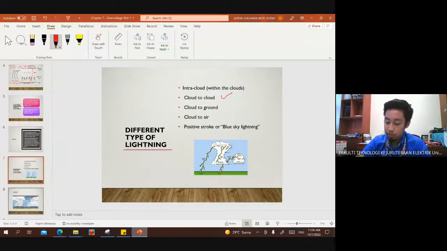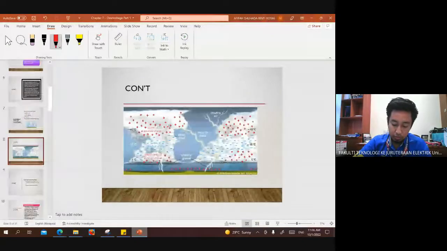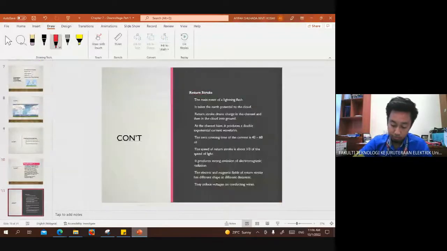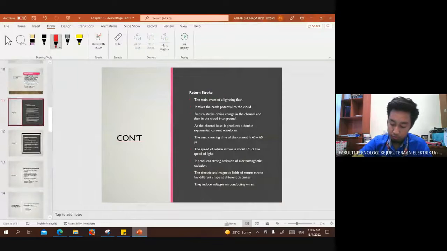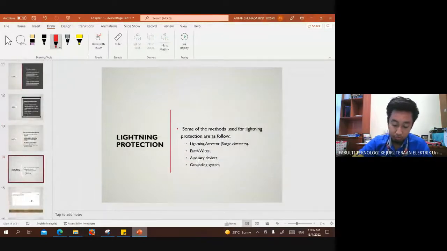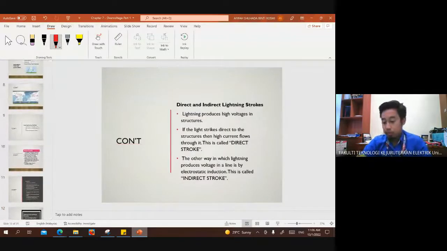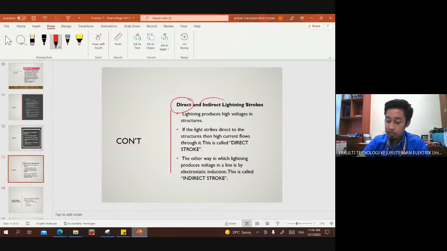So these are the different types of lightning that I explained: cloud to cloud, cloud to ground, and cloud to air. And then this one, the positive stroke or the blue sky lightning. According to this, we have two types of lightning stroke, which are direct and indirect lightning stroke.